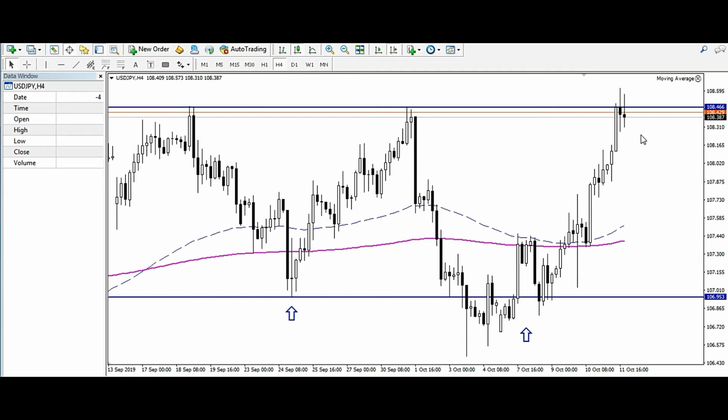But that would increase the stop loss. As you can see, from this high there will be a stop loss, and that would increase the stop loss of this trade.